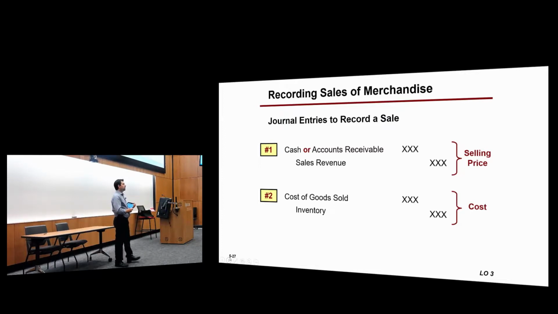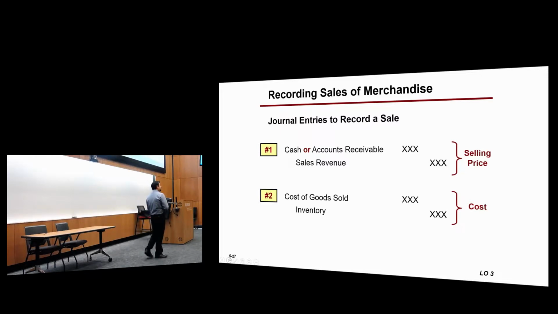Remember, expenses follow revenues, matching principle. So the first journal entry is always to record the sale of that product. The company will be receiving cash if the sale was in cash. If it was on account, it will be a debit to accounts receivable. On the other hand, the revenues will increase, so they credit sales revenue.